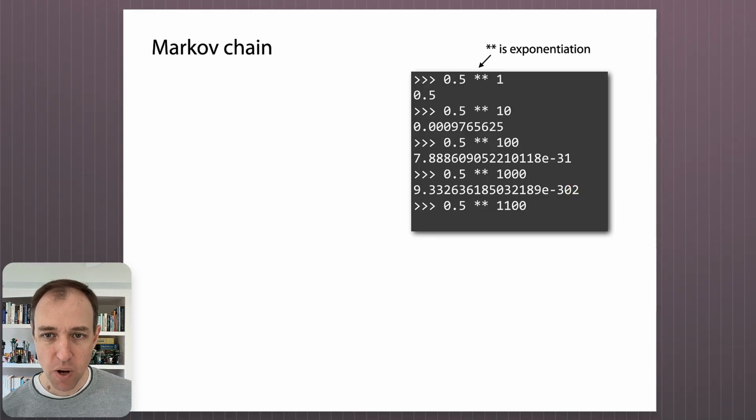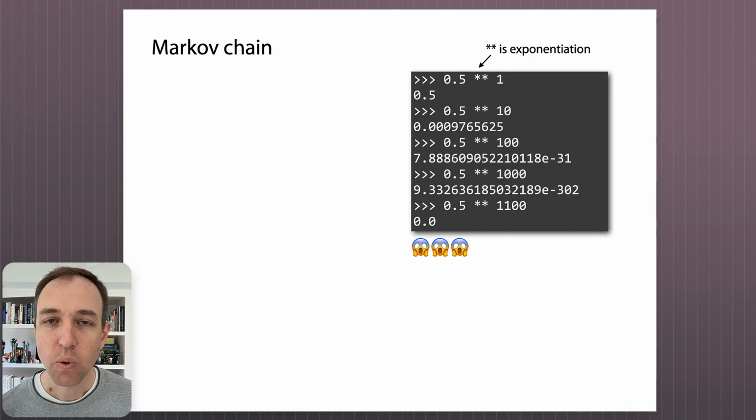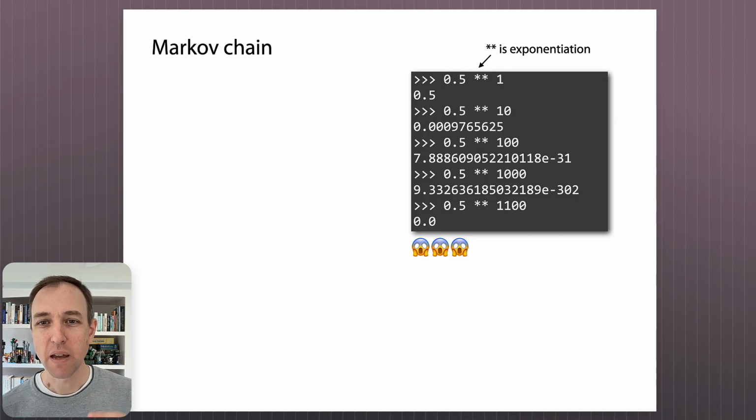And if we just go one little step further and take 0.5 to the 1100th power, we get 0. Not some really small number, like with, I don't know, negative 320 in the exponent or something like that. We get literal 0, like actual 0. So the result's equal to 0.